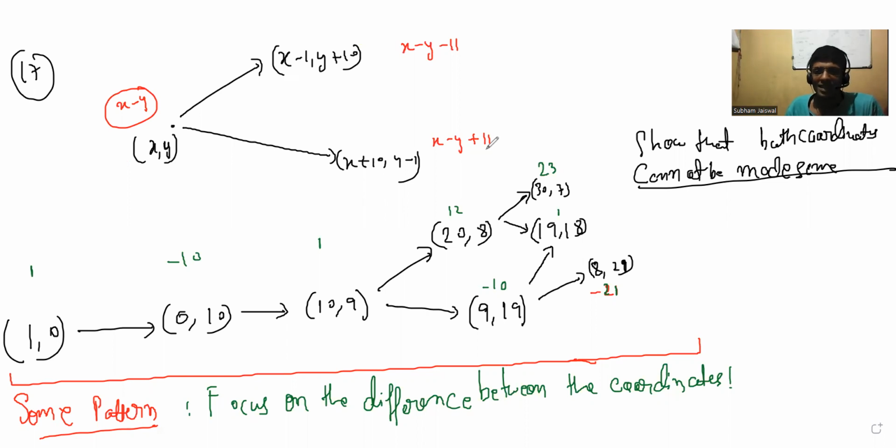It's increasing or decreasing, but something is not changing. So focus on the differences, right? x minus y is becoming x minus y minus 11 or x minus y plus 11.